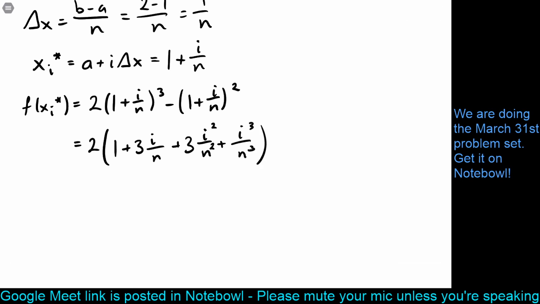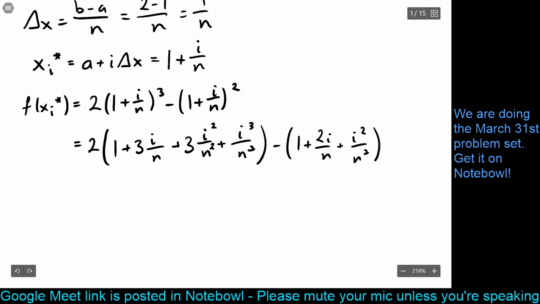You start by taking this thing to the 0 power, 1 power, 2 power, 3 power, and then the coefficients are 1, 3, 3, 1. Of course, you could always use Mathematica to do that computation or FOIL it out piece by piece. Here, 1 plus 2i over n plus i squared over n squared.